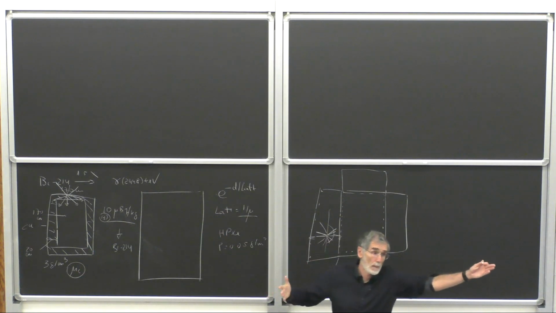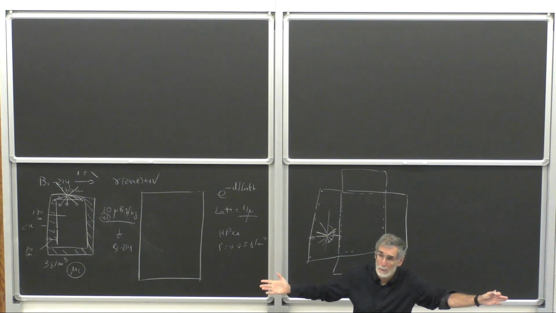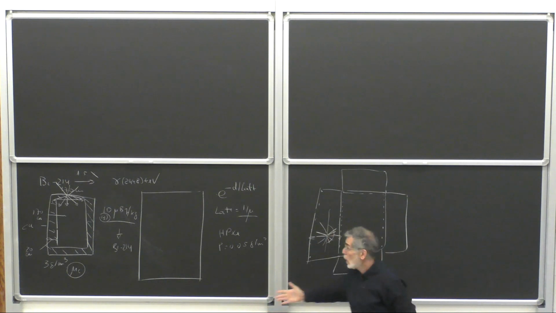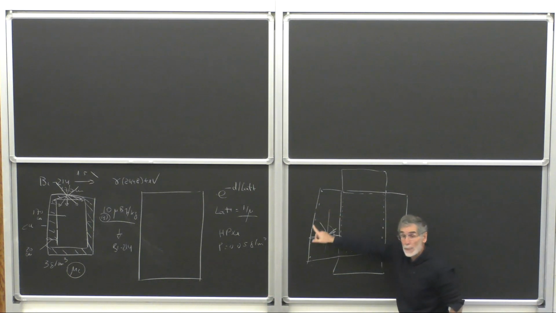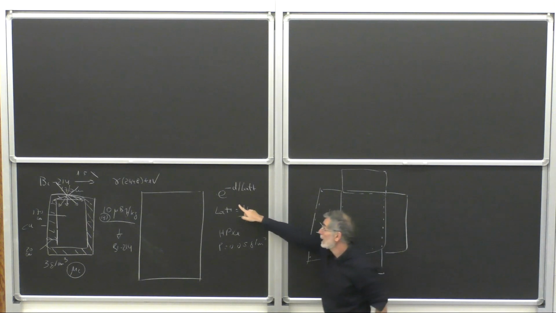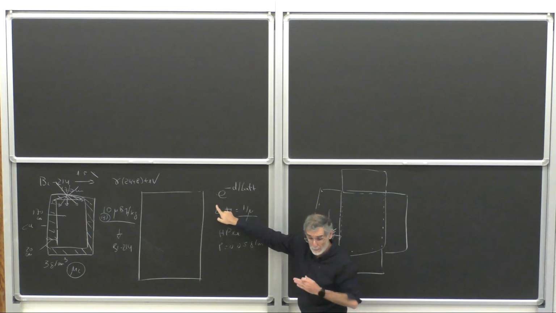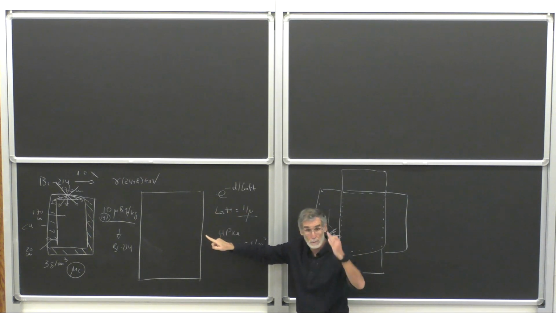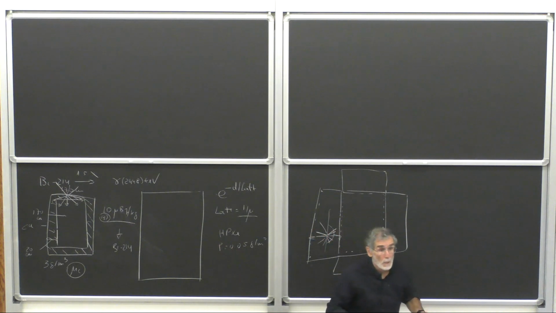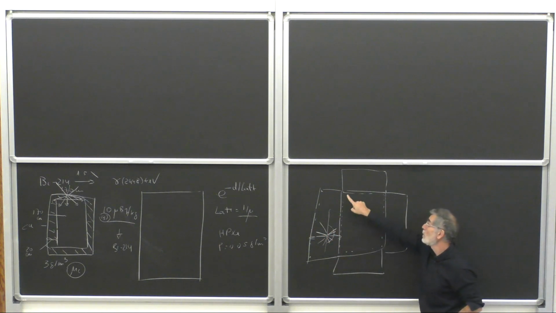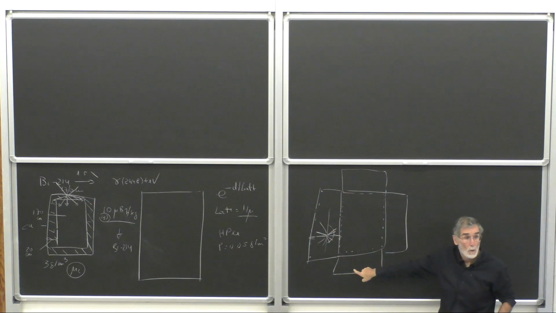The guys who are back are in there, right? So you need to do this integral, where you need to integrate this as a function of this distance and of this angle. And with that, you get the attenuated flux of gammas in the chamber.